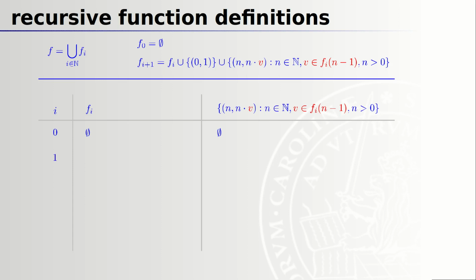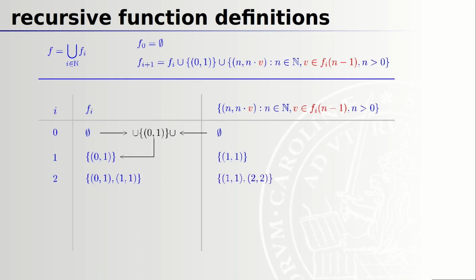For i equals 1, however, f1 in this case is the union of the empty set f0, the empty set computed for the recursive case, and the set representing the non-recursive case, the set containing the tuple 0, 1. With that, we can compute the next recursive case, and with that, the next fi for i equals 2, and so on.